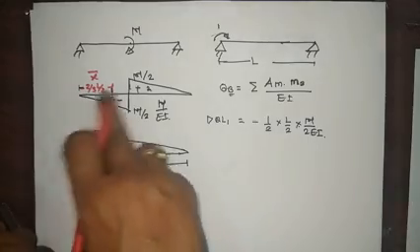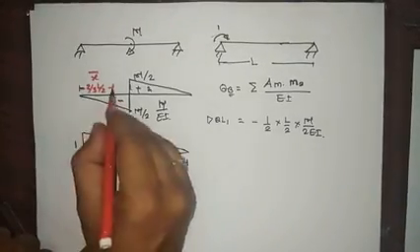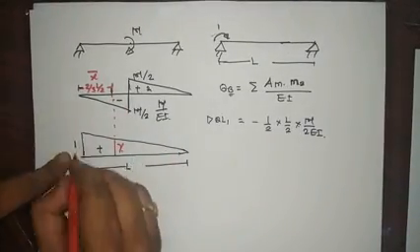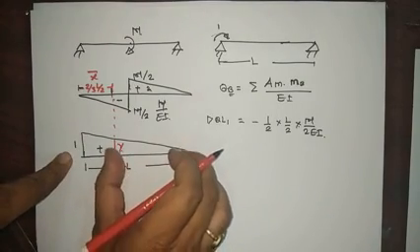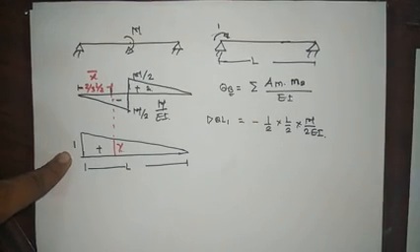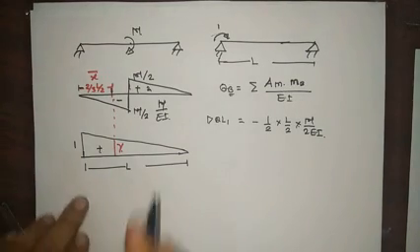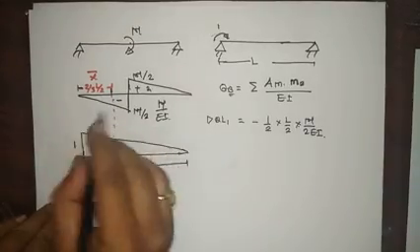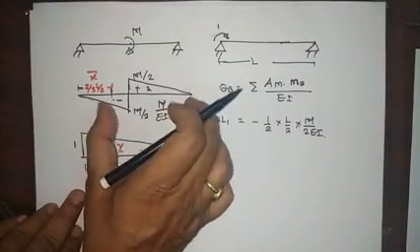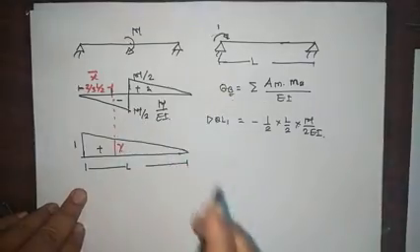So now what is here? This is the distance we want from here. This is 1, this is L. So we want this distance, so that is equal to, its total is L. So L minus 2/3 of this L by 2.